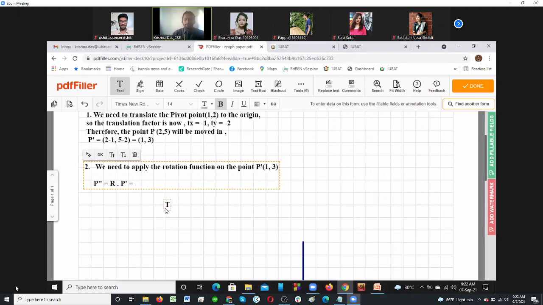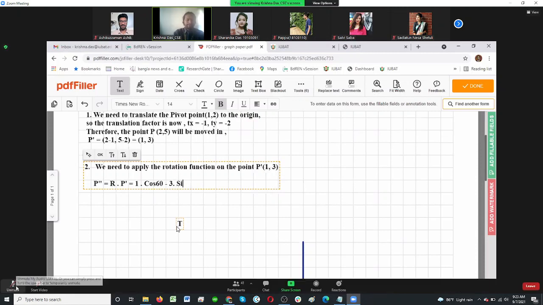So for that, what was the formula? Cos theta, right? x cos theta minus y sine theta. So x is 1, and cos theta is cos 60°, and minus y is 3 dot sine 60°.